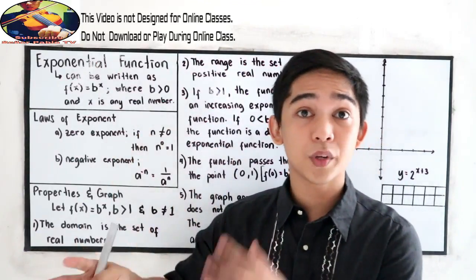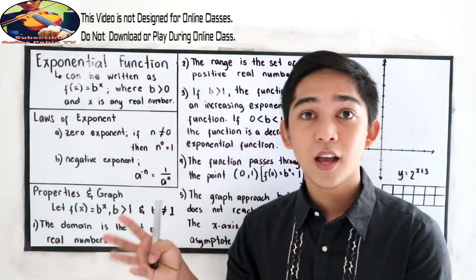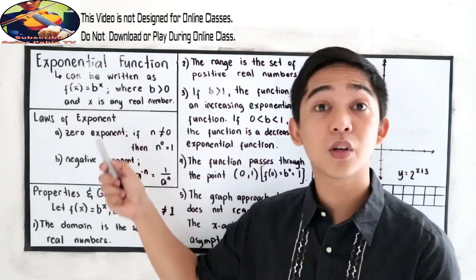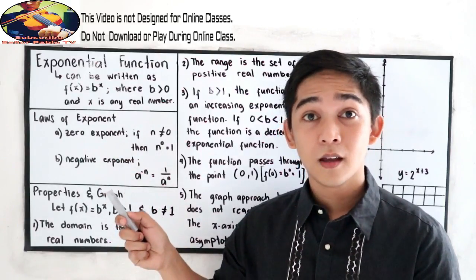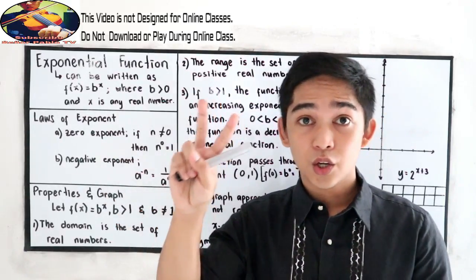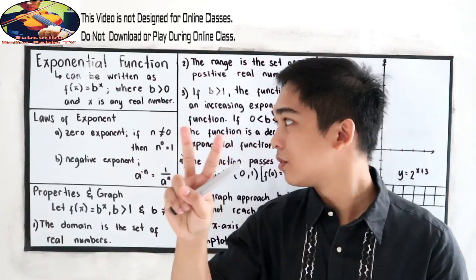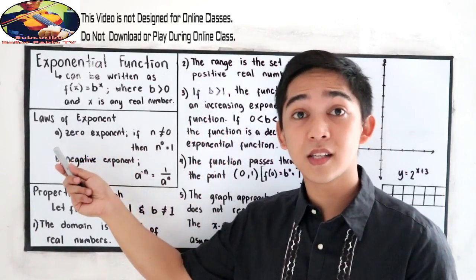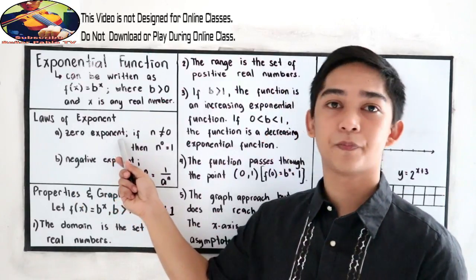Since we are dealing with the exponential function, let's have a short recall about the laws of exponent. In this lesson, we will be using two laws of exponent. The first one is the zero exponent.